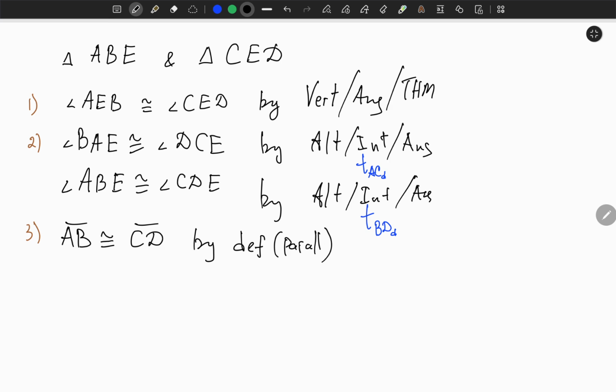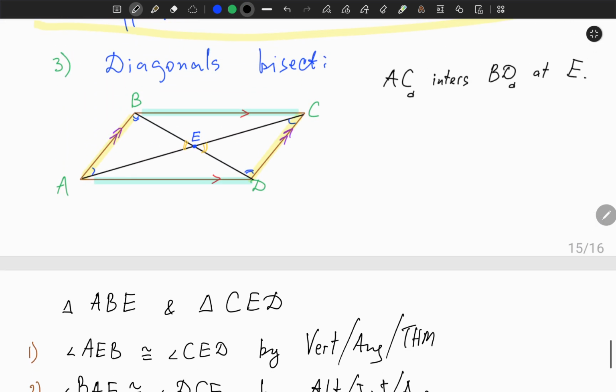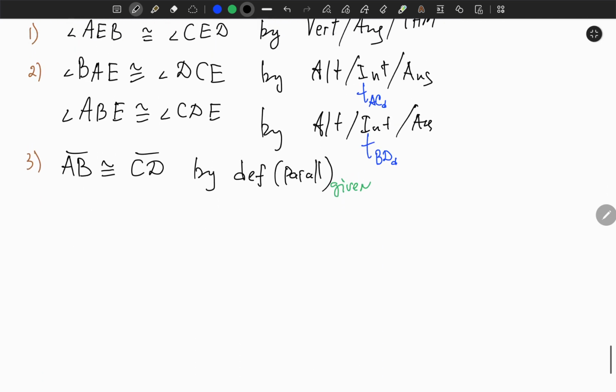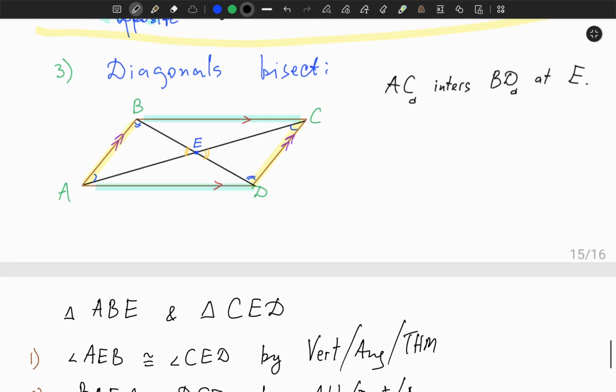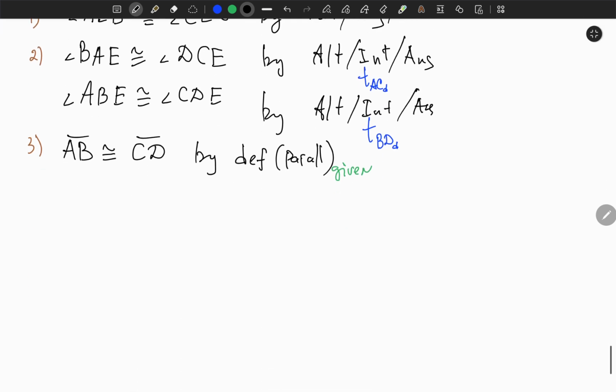You can also say given. Okay, so what do we have? We have a side and 2 angles, so we have angle, side, angle.